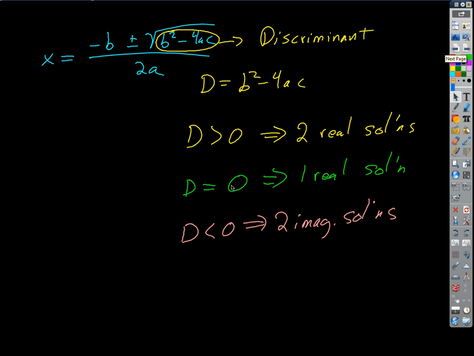What do you think is going to happen if D equals 0? If the discriminant is 0, what's the graph going to do? It's going to touch the x-axis at one point, isn't it? It's only going to have one x-intercept. What point is that going to be on the parabola, do you suppose? What do we call that point on the parabola? The vertex. It's got to be the vertex, doesn't it?